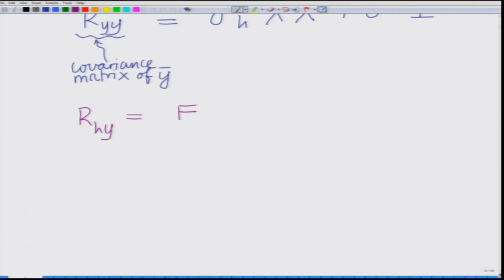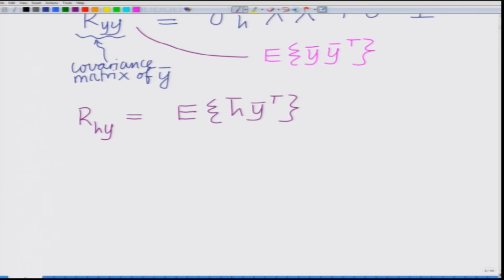This is nothing but the expected value of h bar y bar transpose. This is the covariance matrix, the expected value of y bar y bar transpose. So this is the expected value of y bar y bar transpose, and this is the expected value of h bar y bar transpose, which we have derived as sigma h square times x transpose.